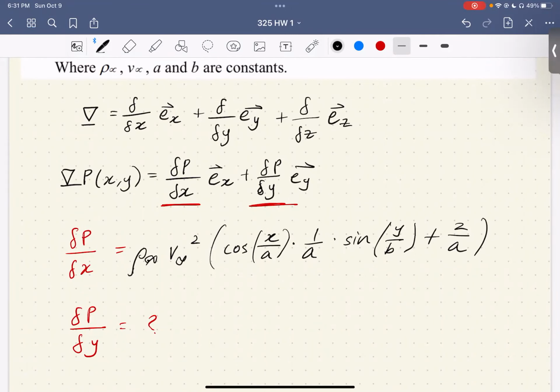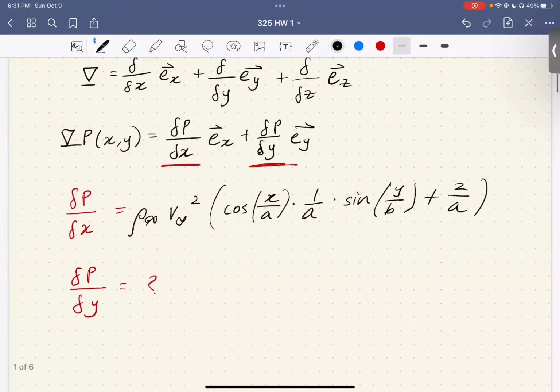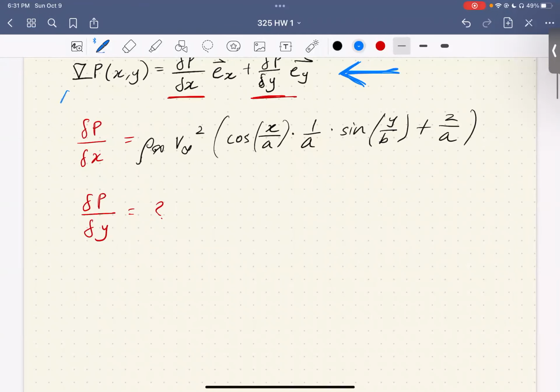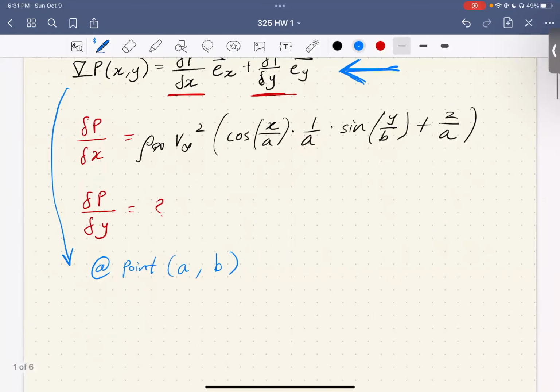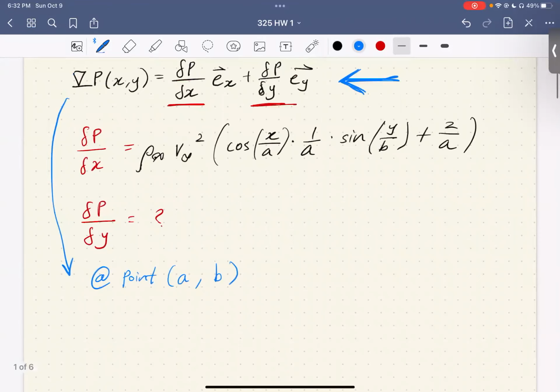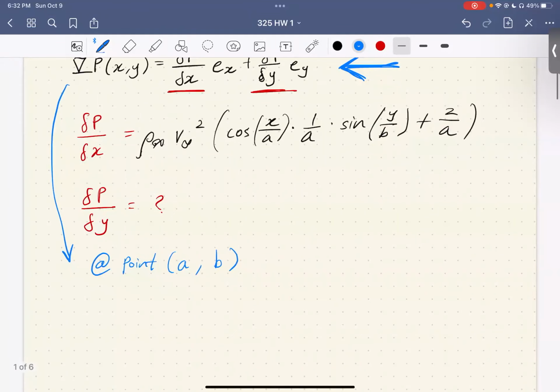So you just need to do that with respect to y now, and then you just plug it back into this function right over here. And I'm denoting this with the blue arrow. And great, you have your generic function. And then now you're going to actually evaluate at point A, B. And right away, we can see that if you do plug in A and B, let's just say in this first half of this equation with the partial derivative with respect to x, you can see that some terms do cancel out.